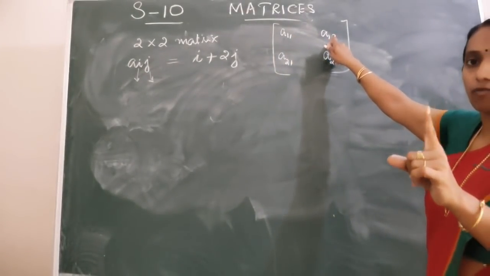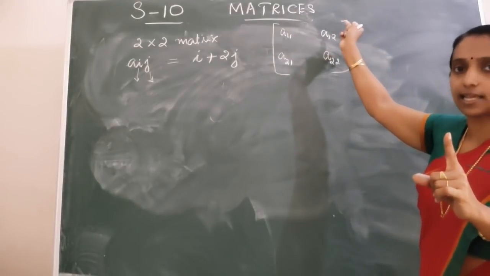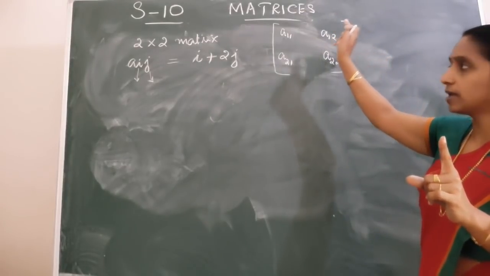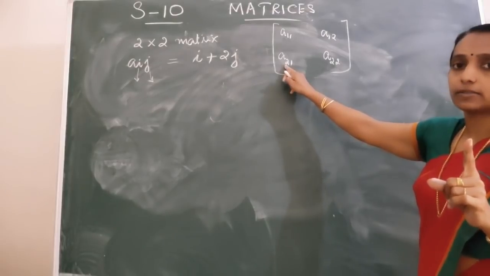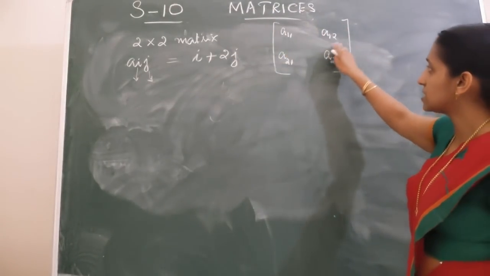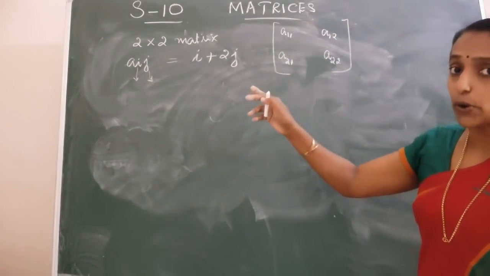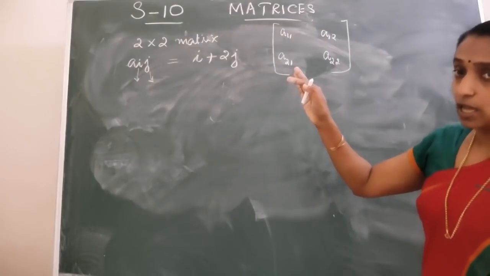A12 means the element of the first row with the second column. Because Aij is given, we take it in the general format of A, where i indicates the row and j indicates the column.